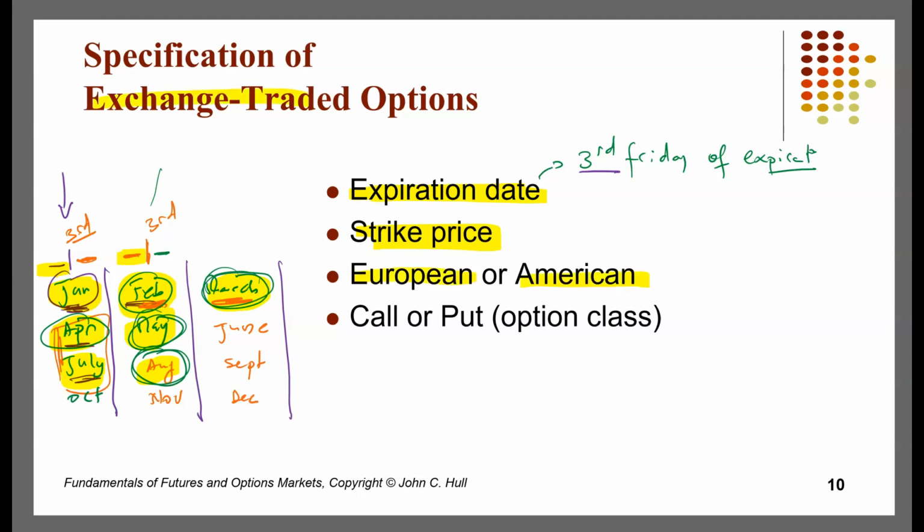Typically, exchange traded options are American options. Remember that the difference is that the American can be exercised at any point in time, whereas the European can only be exercised at expiration of the contract. We're also going to have the classes of option, which are the call and put option. Those are the classes that are traded on exchanges.